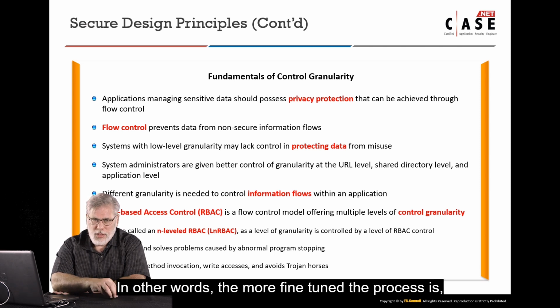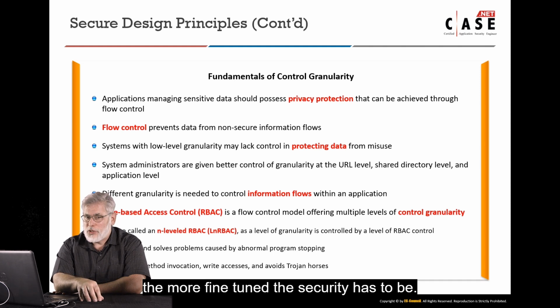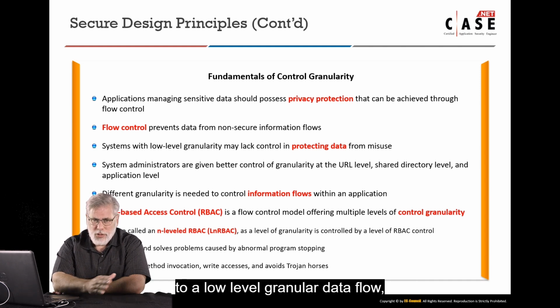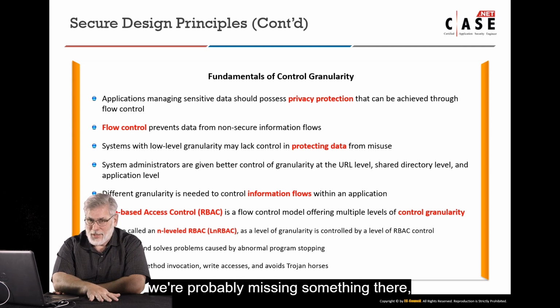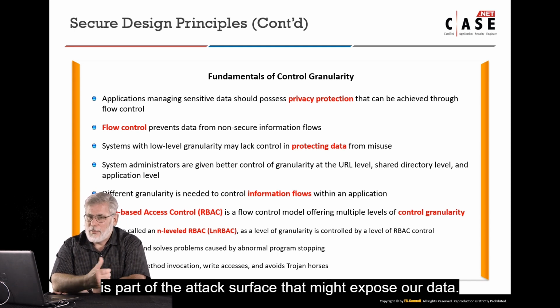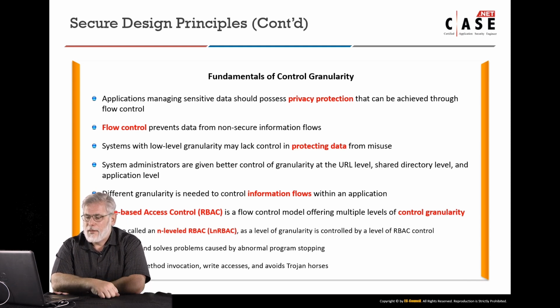In other words, the more fine-tuned the process is, the more fine-tuned the security has to be. If we have a high-level security approach to a low-level granular data flow, we're probably missing something there. And that missing something is part of the attack surface that might expose our data.